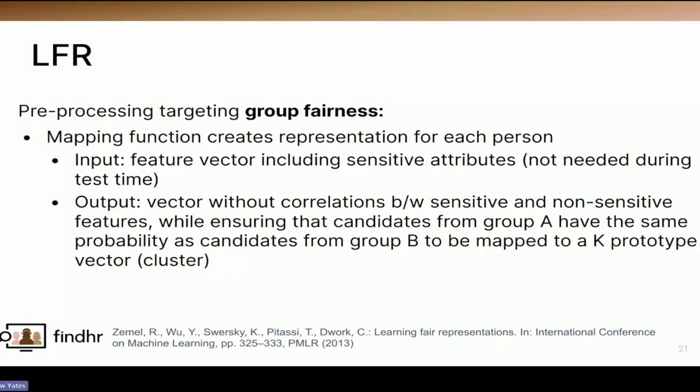So we're losing some specificity for the individual item or person being ranked by mapping to that cluster, and then we're operating on the cluster with the hope that we've removed correlations between these sensitive and non-sensitive attributes, so that the ranking or the output of the system is based only on the attributes that are relevant to the task, rather than also these sensitive attributes.